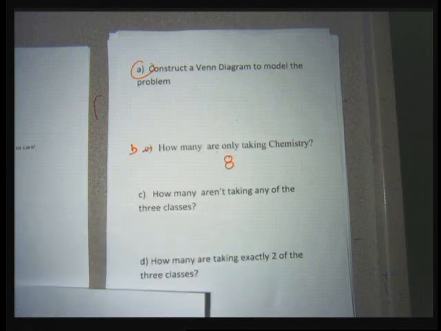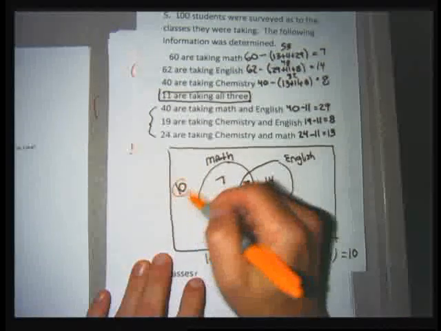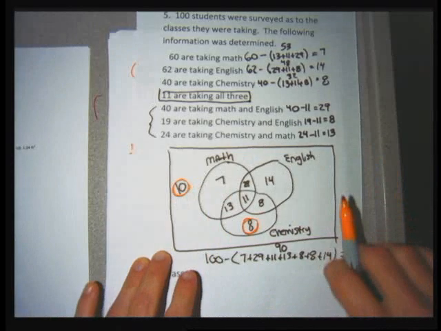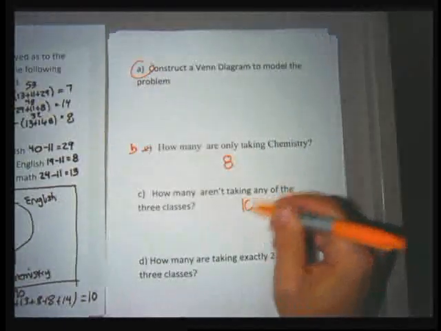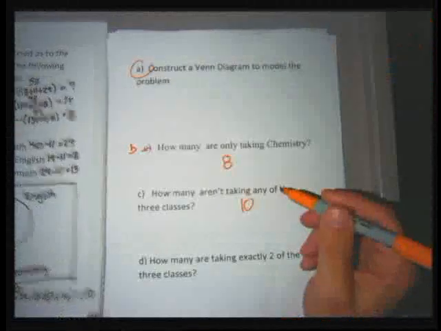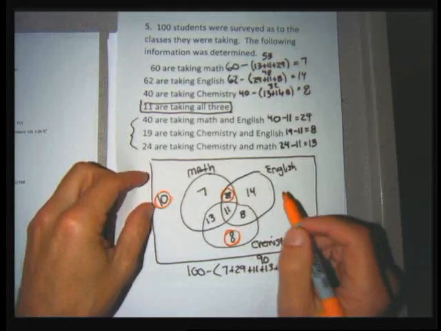Part C says how many aren't taking any of the 3 classes. That's these 10 out here. In part D, how many are taking exactly 2 classes? That's these 29 that are taking exactly the 2 classes, math and English.